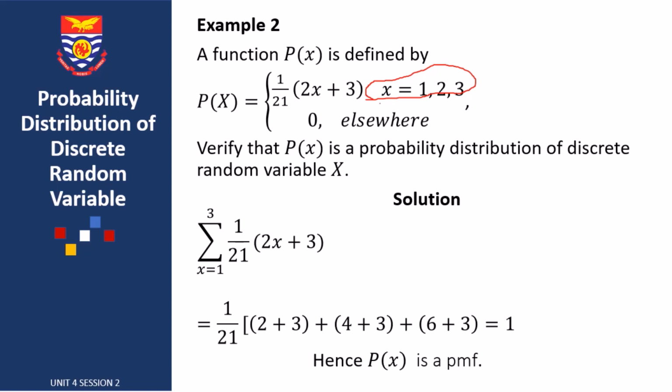When x is 2, we have 4 plus 3, giving us 7. And when x is 3, we have 2 times 3, which is 6, plus 3, giving us 9. Summing all gives us 21. Multiplying 21 by 1 over 21 gives us 1.